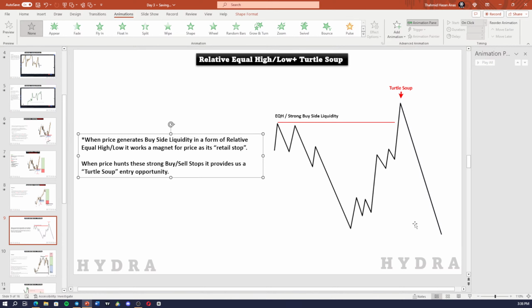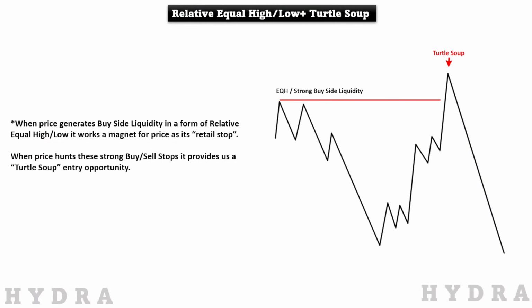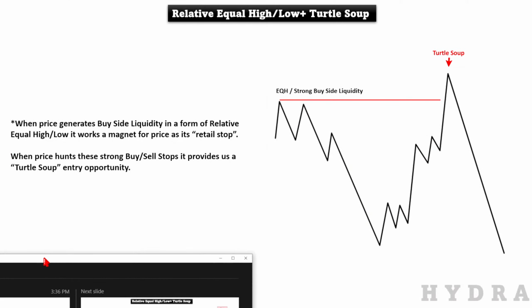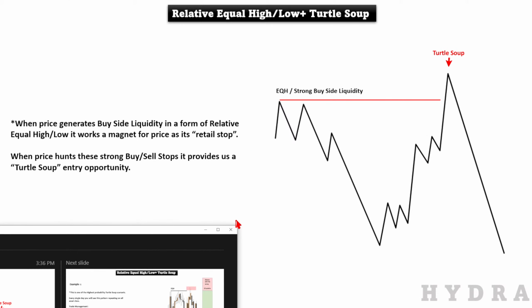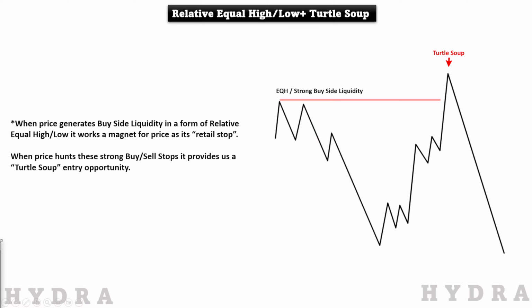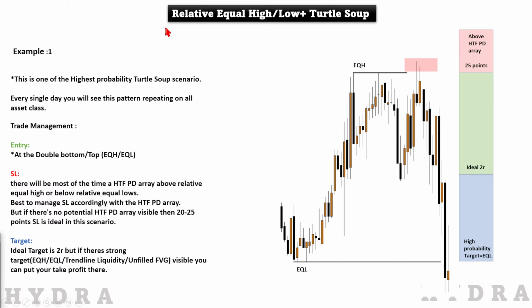So this is what's happening. Now let's look at our example. So here's our example with the rules and the complete entry model, right?